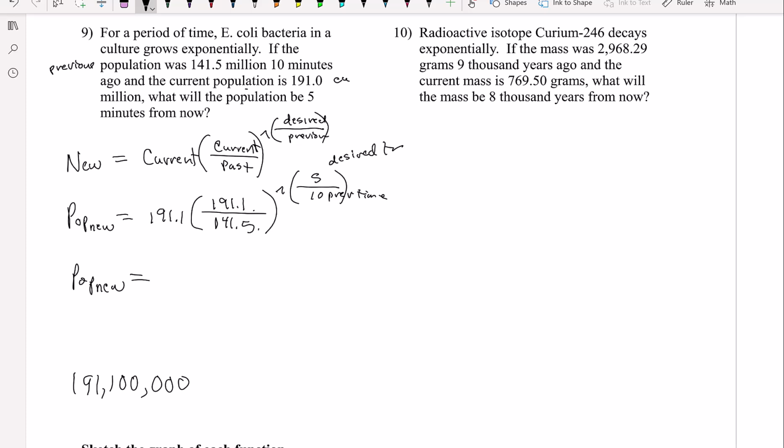So the new population in E. coli bacteria will be 222.08. Here.